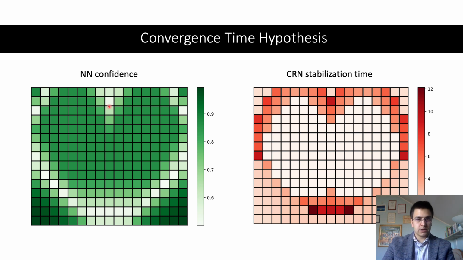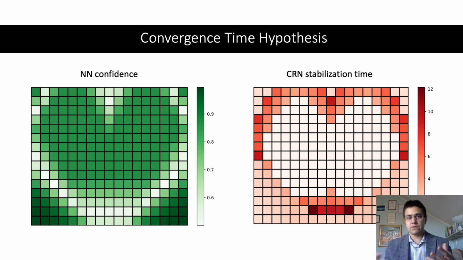The neural network is of course less confident on the borders of the shape, but it's more confident further from the border. Now for the CRN, we look at how long it takes for chemical signals to converge to their final values. What we know is that convergence time is larger on the borders of the image.